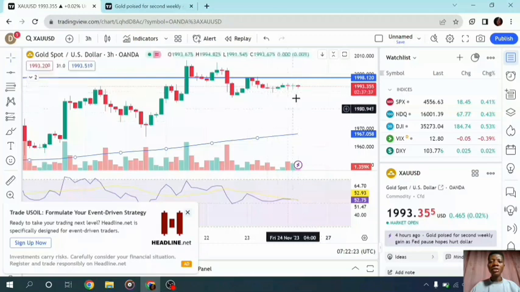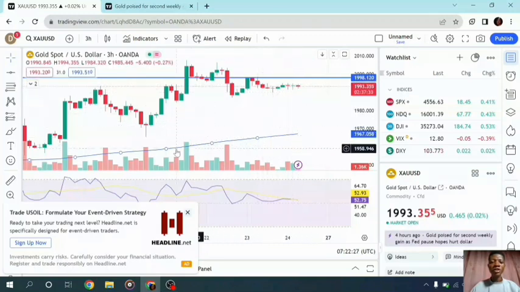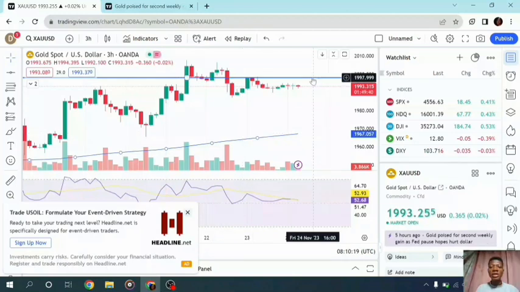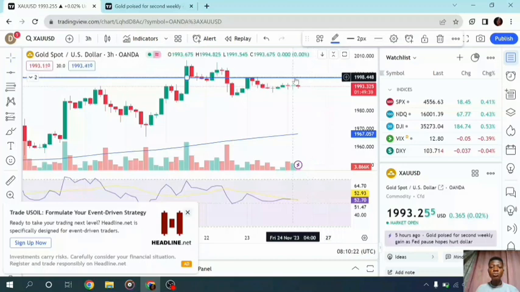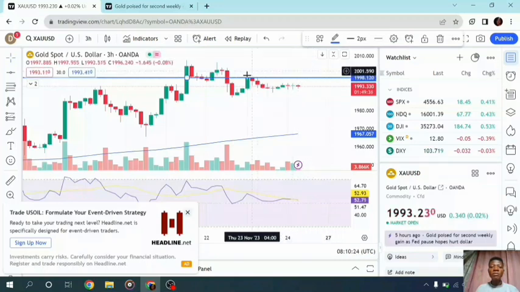Meaning that our current market is above our 200 EMA, and that simply means that the market is an uptrend market. I believe you understand that, right? And here, this is our pivot point. Our pivot point is around 1998. You can see here. And our pivot point is above our current market.